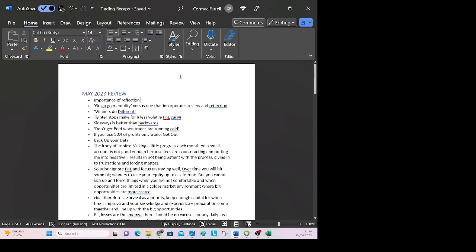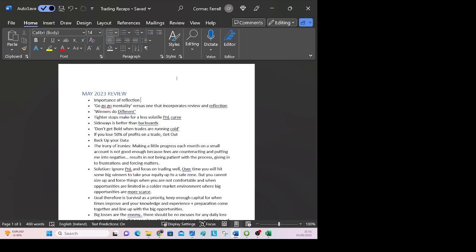But if you don't put aside some time for review and reflection on what's actually going on with your behavior, with your life, with your trading, then you could end up just spinning your wheels like a hamster on a hamster wheel, not really getting a full grasp of why you're making the mistakes that you're making. And if you don't grasp that, you're going to continue to make the same mistakes.